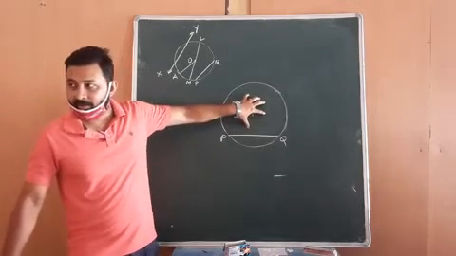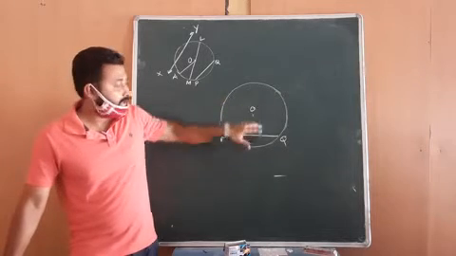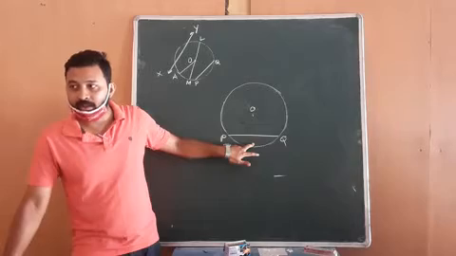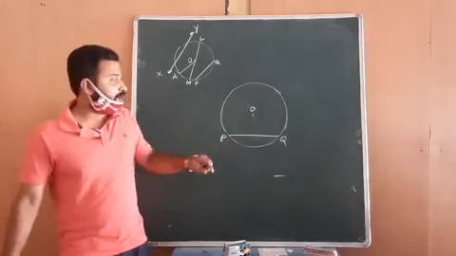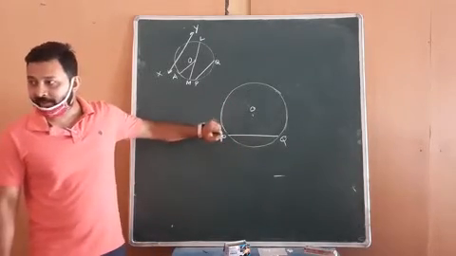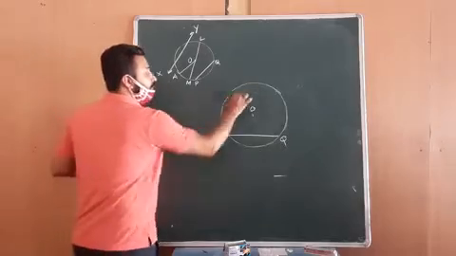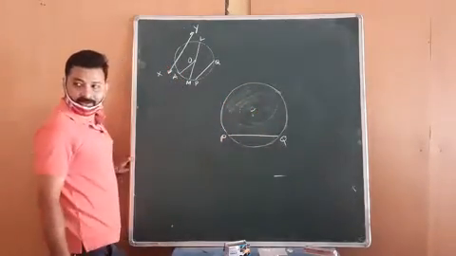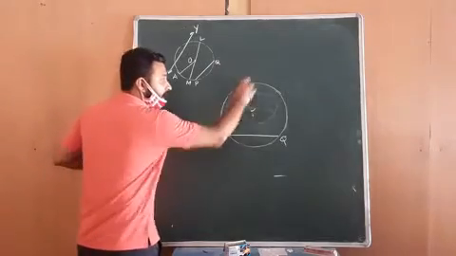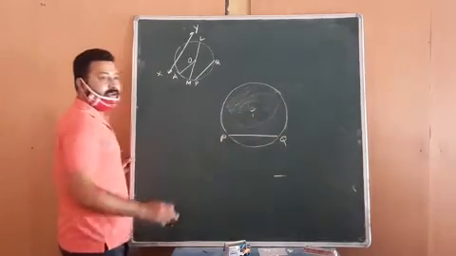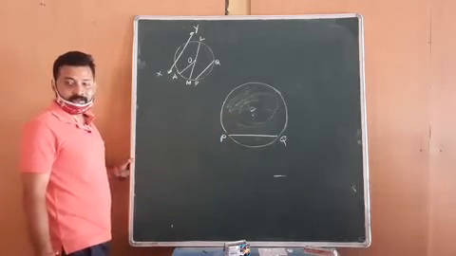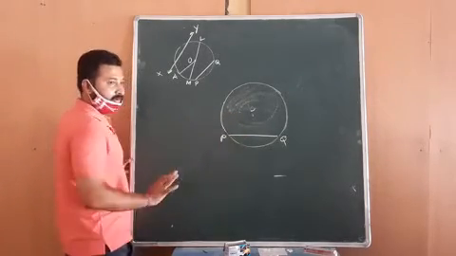This part is called the major segment, and this part is called the minor segment. The region bounded between an arc and a chord of a circle is called a segment. The segment can be major and minor.